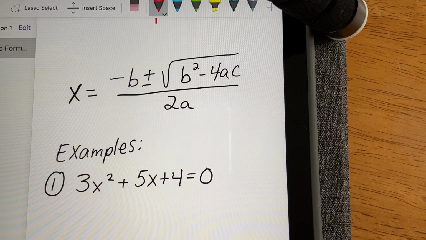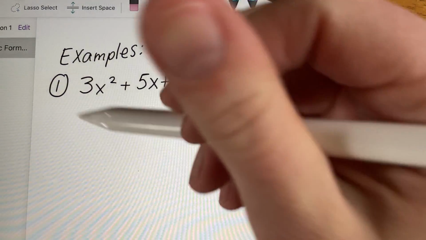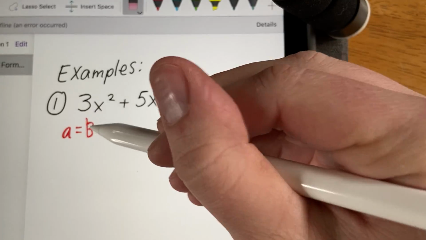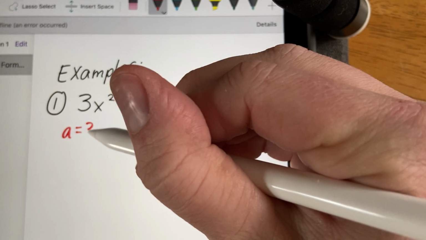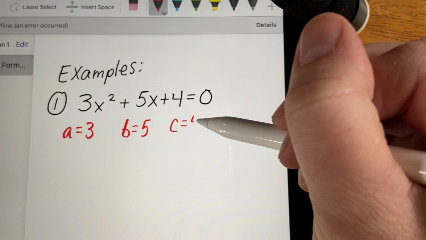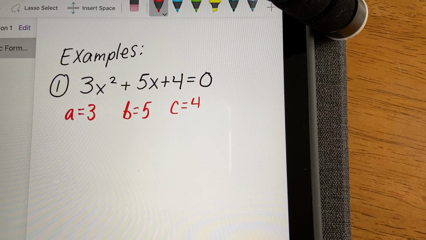Okay, so I've got two examples for you here, and here's my first one. 3x squared plus 5x plus 4. Okay, so the first thing I'm going to do is I'm going to write down that a equals 3, b equals 5, and c equals 4, because this is the standard form of a quadratic equation, ax squared plus bx plus c.